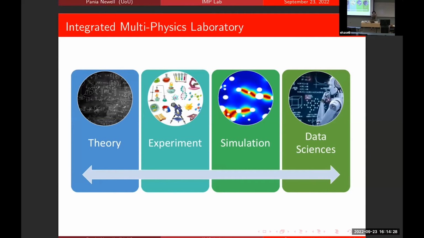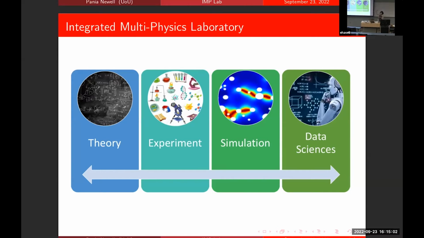But now my motivation is to look at multi-physics processes and at experiments, and also obviously developing theoretical frameworks for multi-physics systems and coupling them with simulations and obviously data sciences. And that's mainly through my joint appointments with the School of Computing and working with my brilliant computer scientist friends.